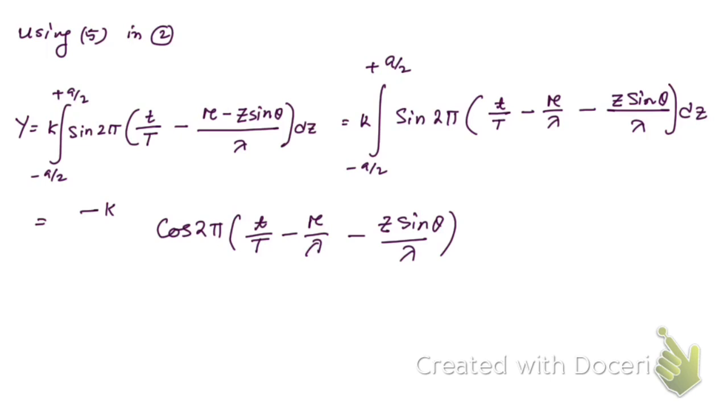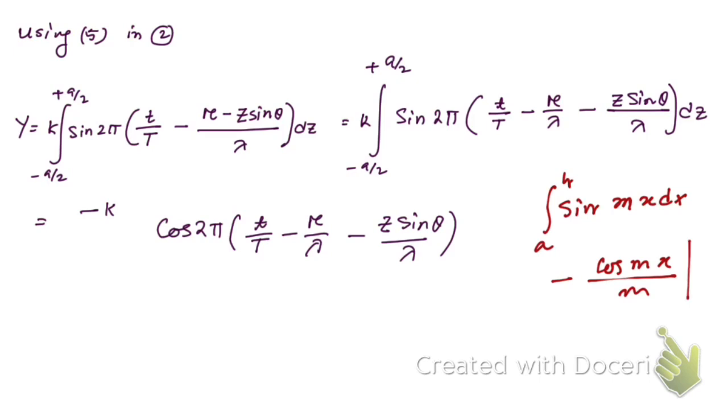Here you see this is a function of a function, which is again a function of z. So we know that the integration of sine mx dx, if we have this kind of integration with limits a to b, then we put cos mx, and this must be divided by m again, right?